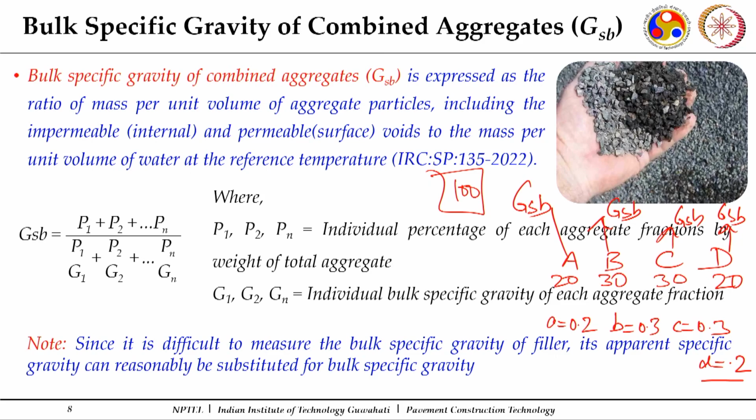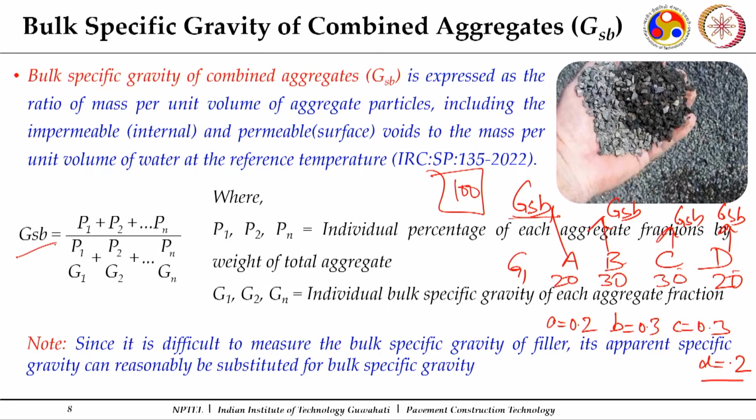For A you will have a range of particles, so you will determine the specific gravity of that blend of A, which can be mentioned as GSB1, or I can write it as G1. I am referring here to bulk specific gravity, so I will always prefer to write GSB. You can write G1 because we do not use apparent specific gravities in the computations, and then here it is G2, G3, G4. Now, if I blend them in 20, 30, 30 and 20%, what will be the specific gravity of this blend? This is how we get it.